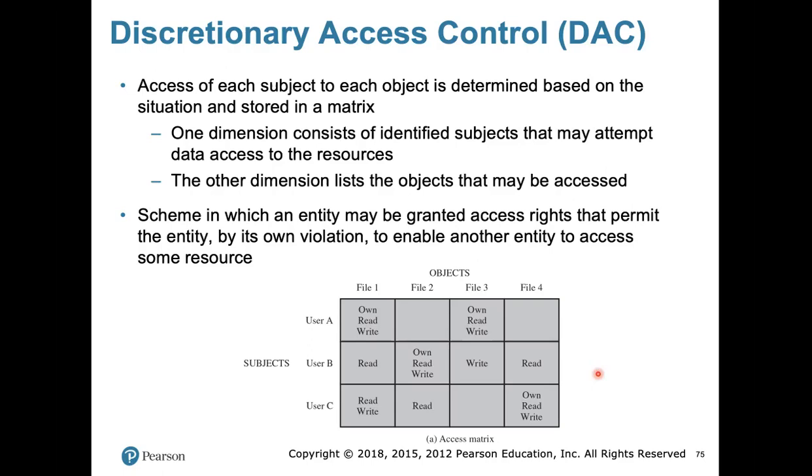When it comes to our machine to do that, we need to implement a matrix like this that you see in this slide. And that matrix stores the information. And that information is basically all access policies or all access regulations that we have defined or we are supposed to follow.